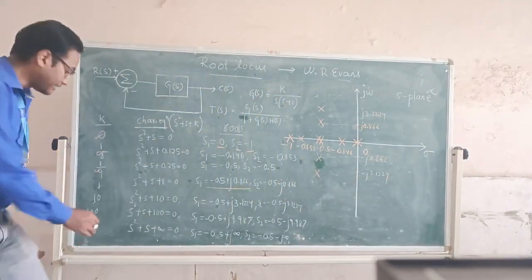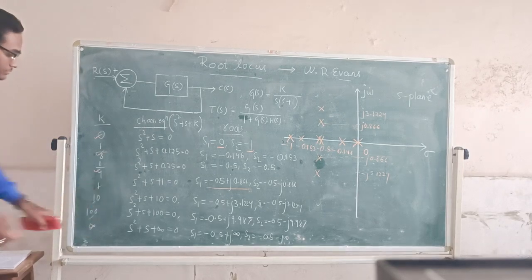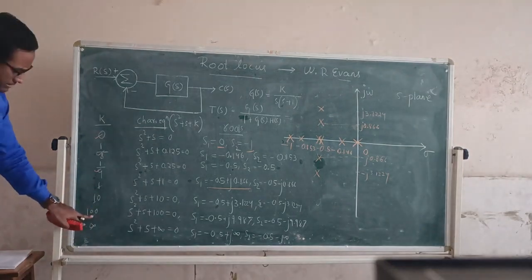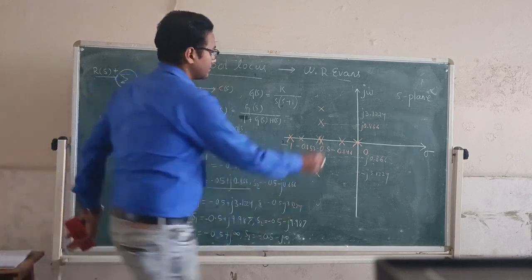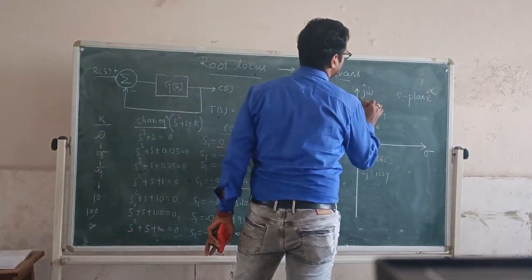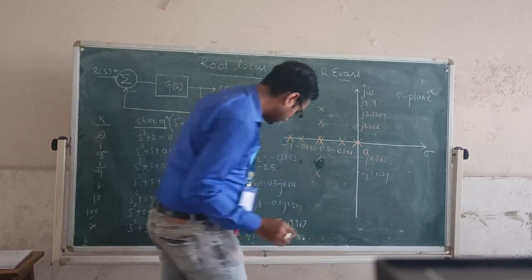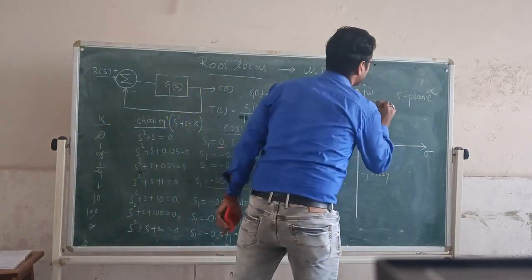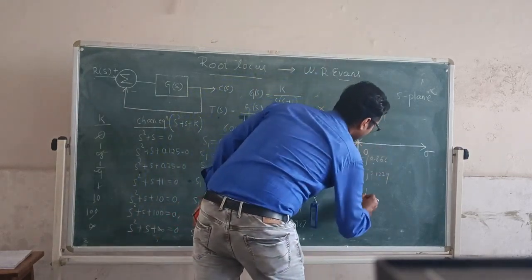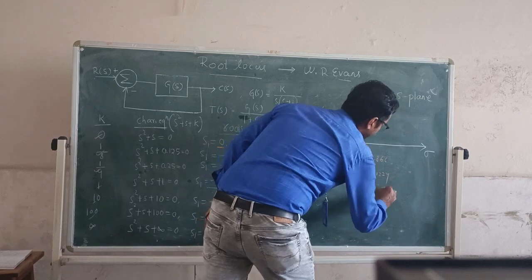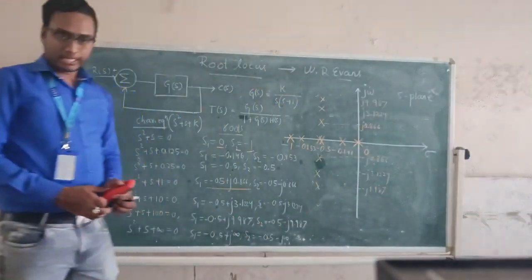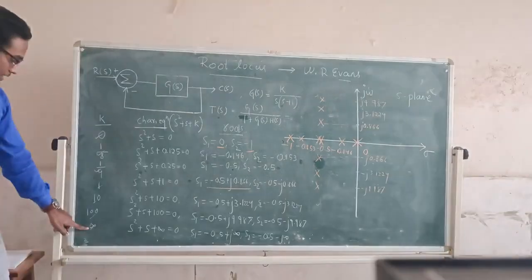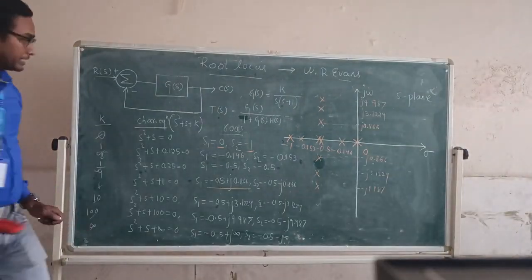Again I will increase the value of k to 100. The roots are at ±j9.987. Finally, we take k infinite.